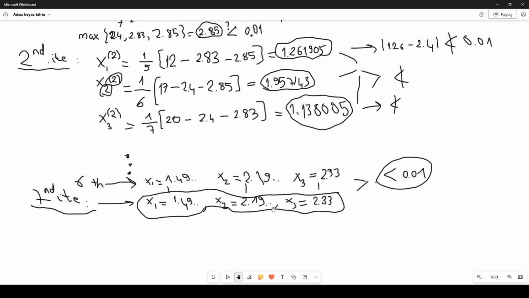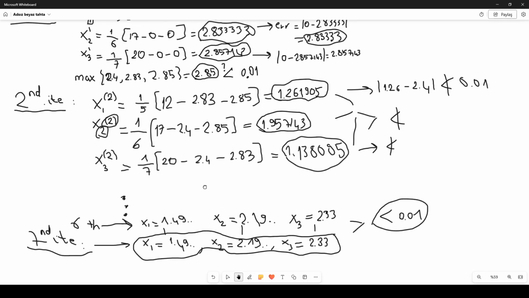So in this case, I stop at the 7th iteration, and the values for each unknown variable that I found in the 7th iteration are my solution set. Okay.